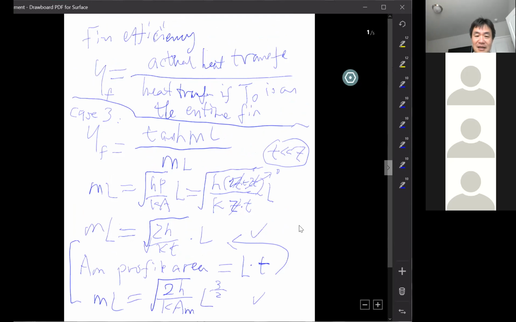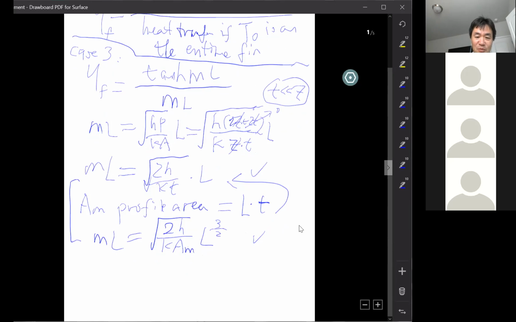Why does the L have the power of 3 halves? It's because if you want to move L inside the denominator, inside the root, and you multiply by L, you get T times L, then it's AM. So if you put one L in there, you have to put a half L outside.